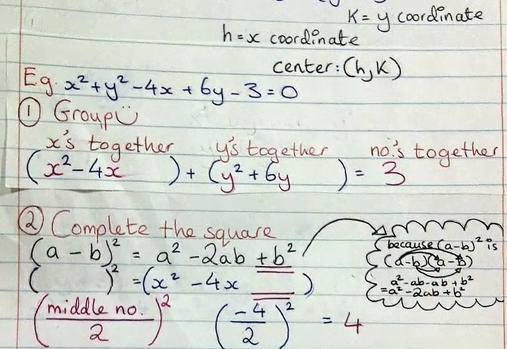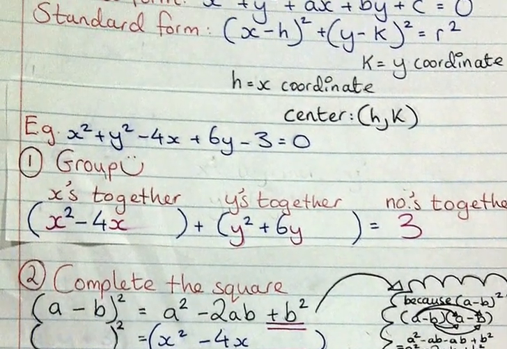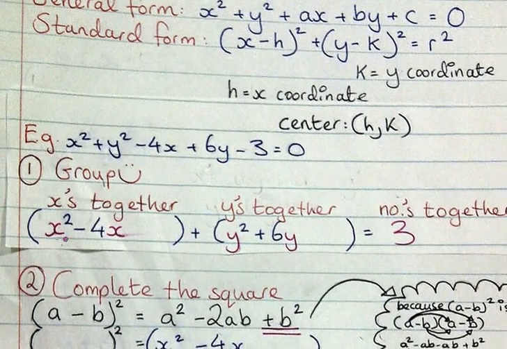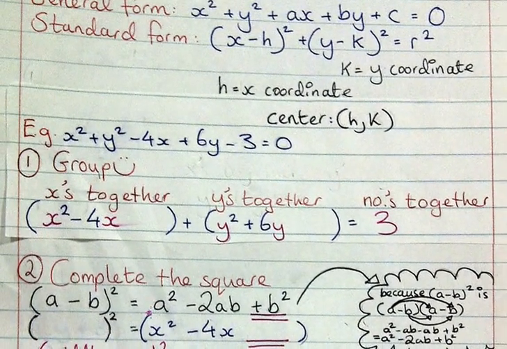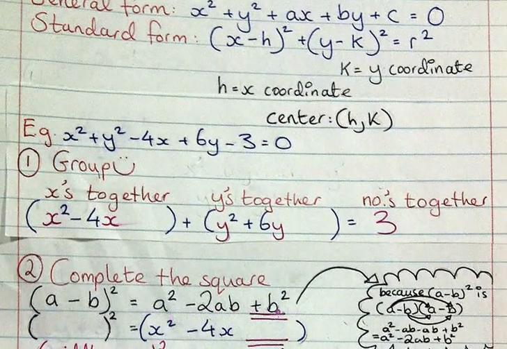So what I'm trying to explain here is that we have this part of the equation in our general form. See? We have this part right there. And in the standard form, if you look up here, the standard form is in this type of equation. So we have to change this type of equation into this type of equation by completing the square.